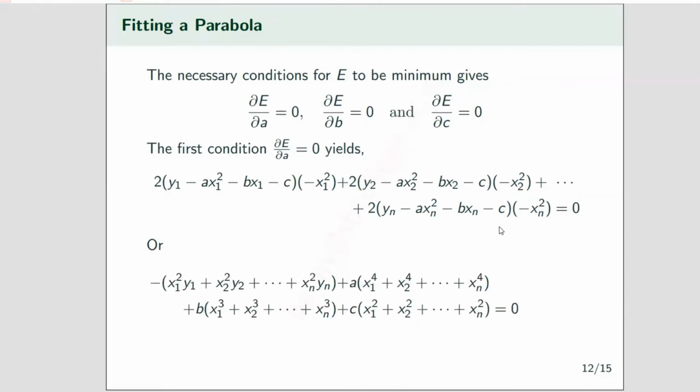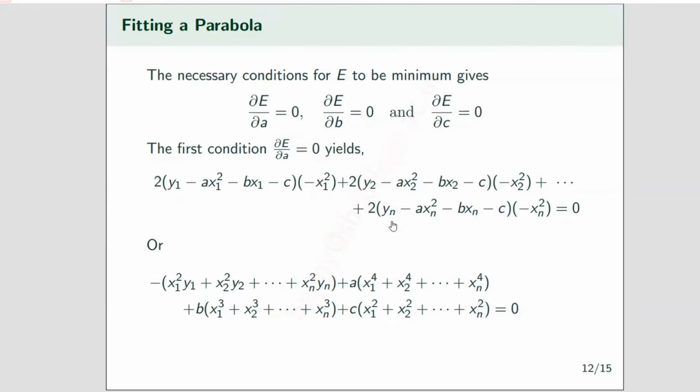Rearranging this, we get the above equation as minus (x1 square y1 plus x2 square y2 plus etc. plus xn square yn) plus, taking all the terms with a and taking the constant a outside, a into (x1 raised to 4 plus x2 raised to 4 plus x3 raised to 4 plus etc. plus xn raised to 4).